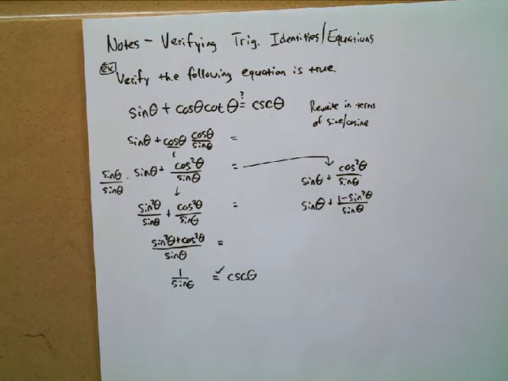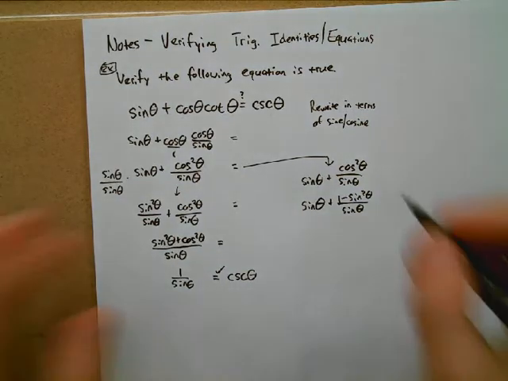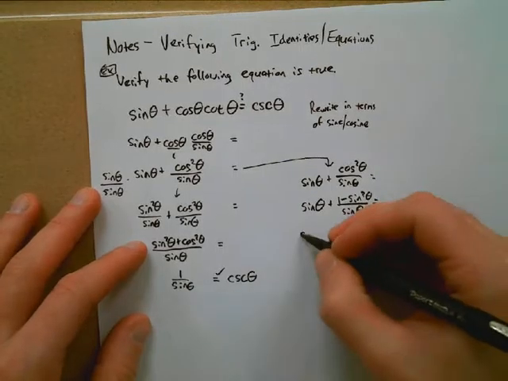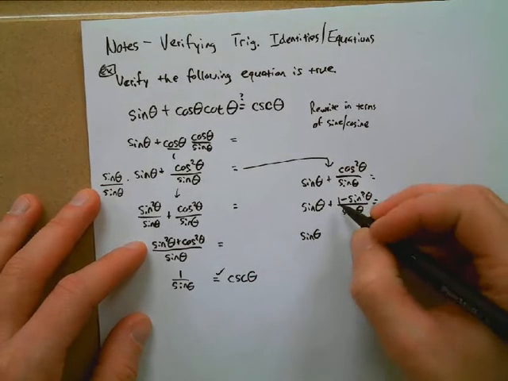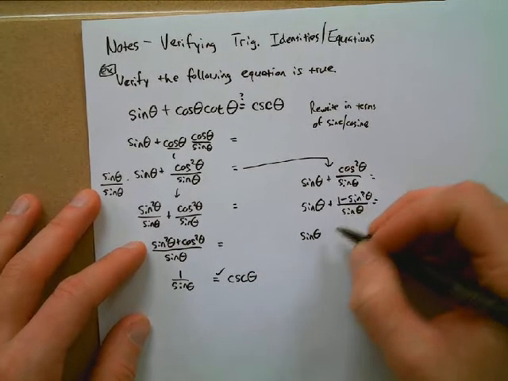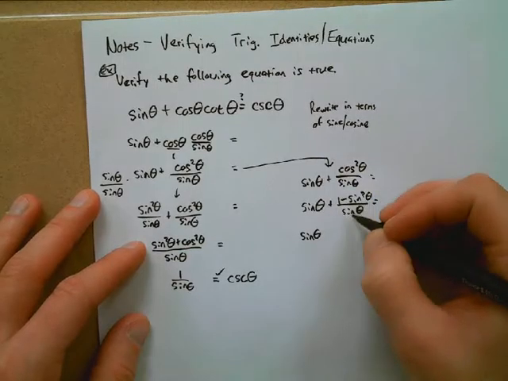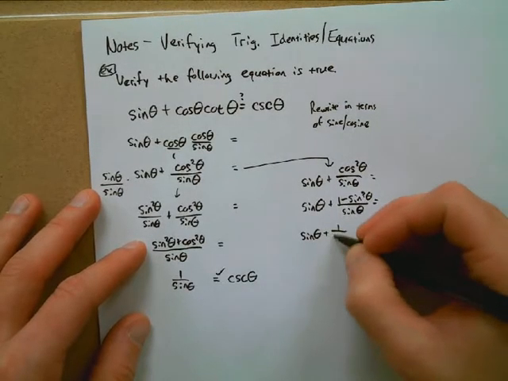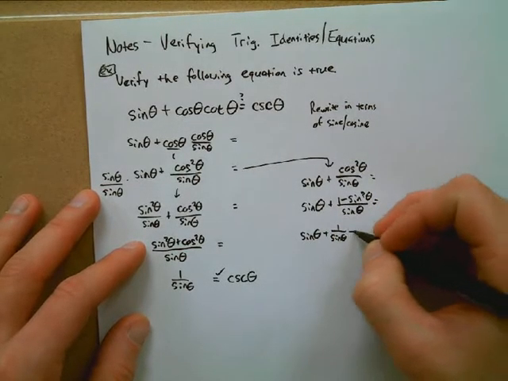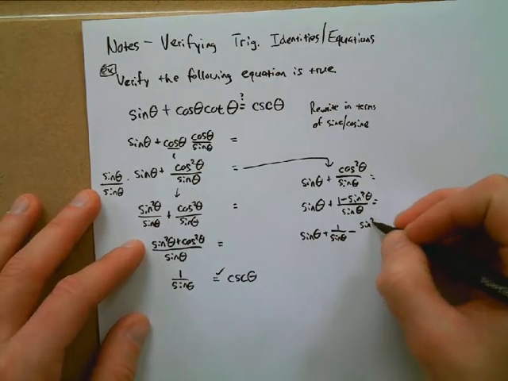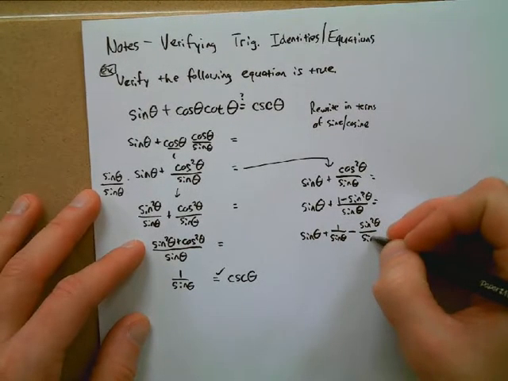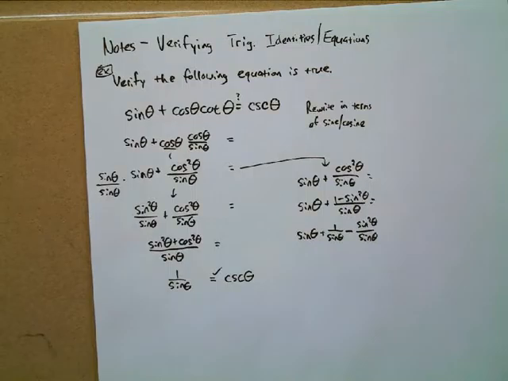Well, this will work too. Watch. We can still have the sine of theta here. We can break up our numerator over our denominator. So 1 minus sine squared theta all over sine theta is the same thing as 1 over sine theta minus sine squared theta over sine of theta. But what would sine squared theta over sine theta simplify to be?